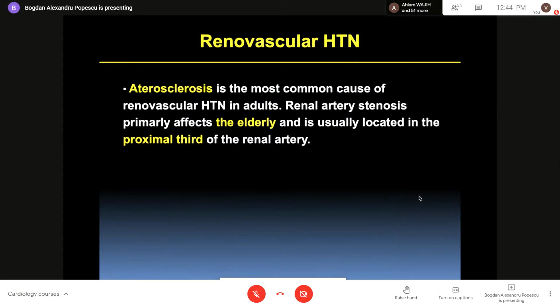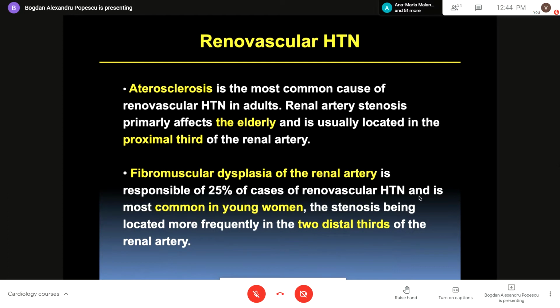Now, what about the cause? Atherosclerosis is the most common cause of renal vascular hypertension in adults. This is often seen in the elderly, and it is usually located in the proximal third of the renal artery. The other big cause is fibromuscular dysplasia of the renal arteries. It is less often seen, maybe around 1/4 of the cases of renal vascular hypertension.